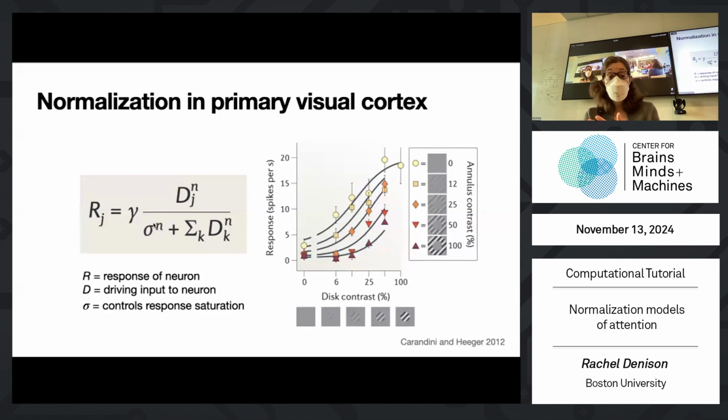So you can kind of see how that works, right? Any term that's down in here, if it gets bigger, it's going to push the function to the right. So if sigma gets bigger, it's going to push it to the right. And if the suppressive term gets bigger, it's going to push it to the right. So higher contrast would impact the sigma as well? Higher contrast of the stimulus won't have any impact on the sigma. The sigma is just a constant that's specific to the neuron. And same for gamma, it's just a scaling constant.